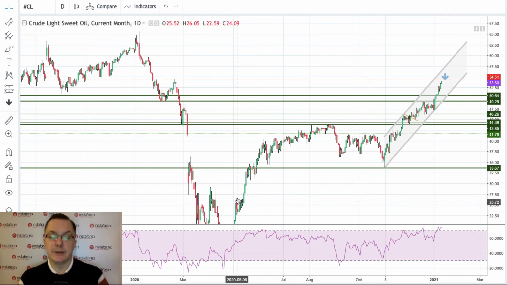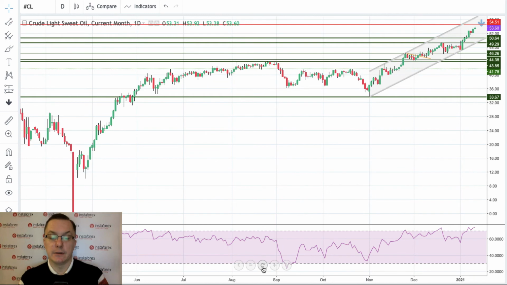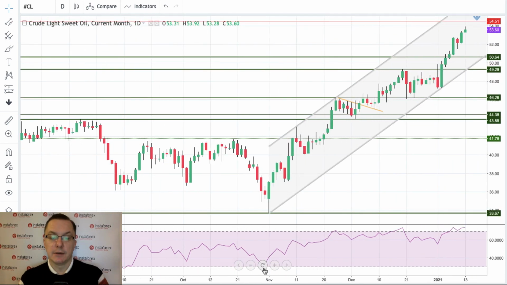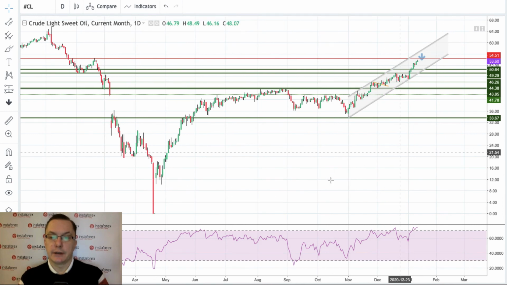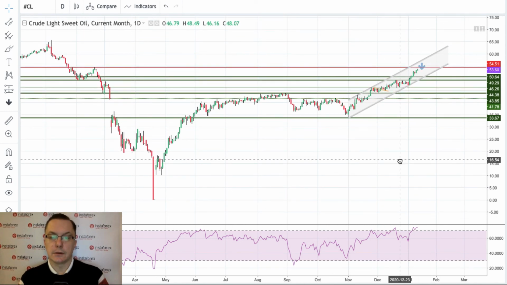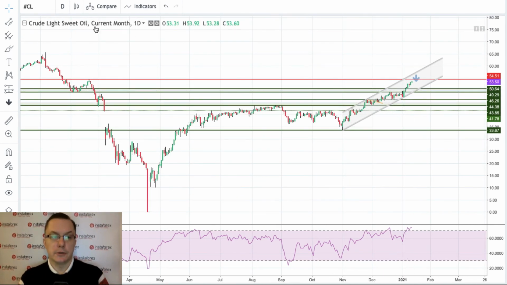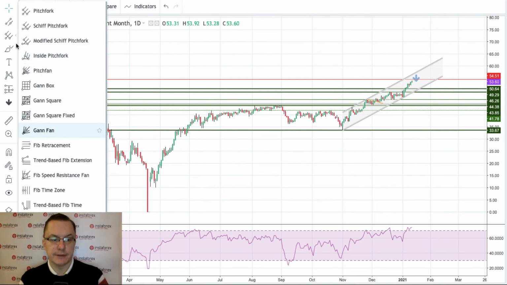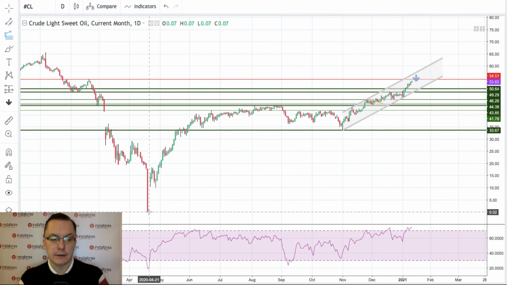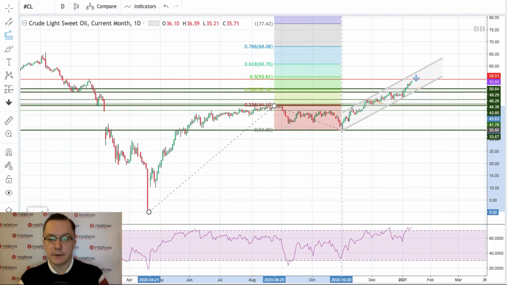So please pay attention to the current developments on the crude oil, because it looks like we have another leg extension on the crude oil. Let me just do one more thing, because there might be some sort of target as well, if we help ourselves with the Fibonacci.